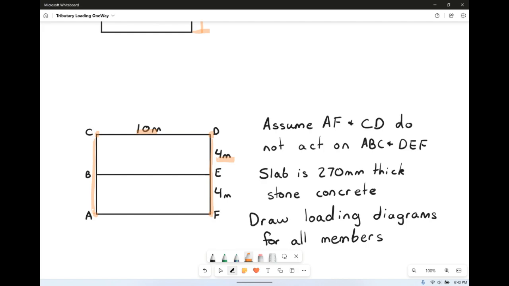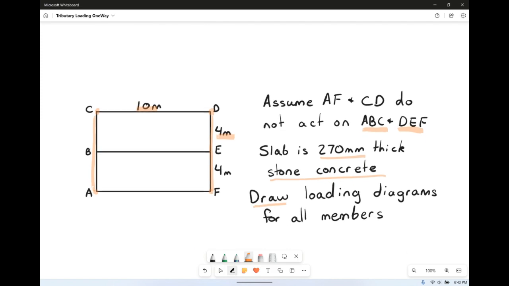That would be right under A, C, D, and F. So those guys are not going to play a part on the A, B, C, and D, E, F loading diagrams. Just to give us some weight, we've got a slab that's 270 millimeters thick, and it's made of stone concrete. So we're going to have to go back to our loading tables to figure out how much that actually weighs. And the point that we want to do is to draw all the loading diagrams for all of the members.